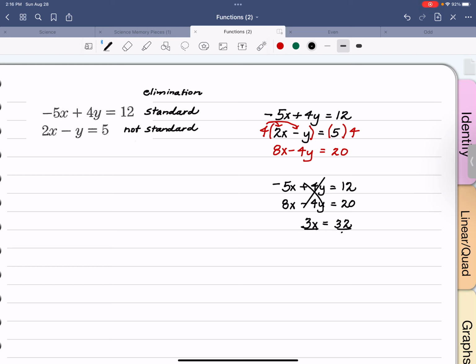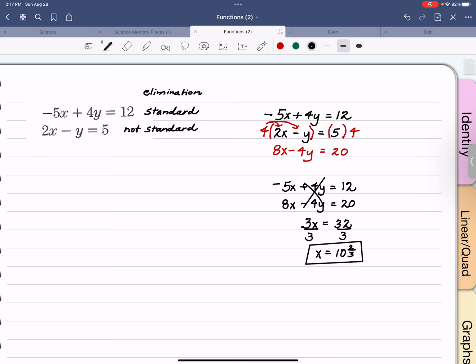So divide by 3, and x would be 10 2/3. Let me be sure. Yes, 10 2/3. And I'm going to use the fraction because that's a repeating decimal. So you have your x value.